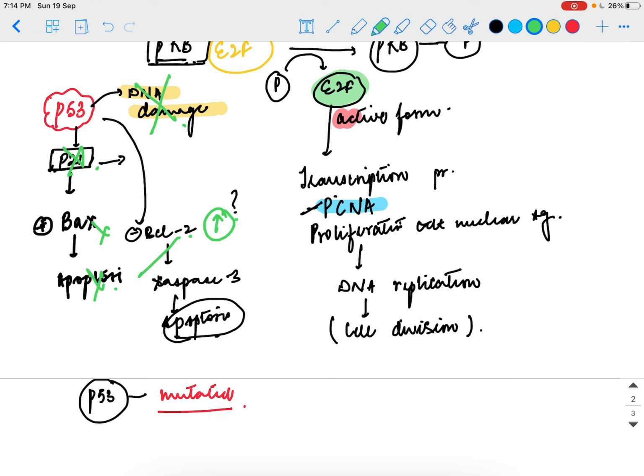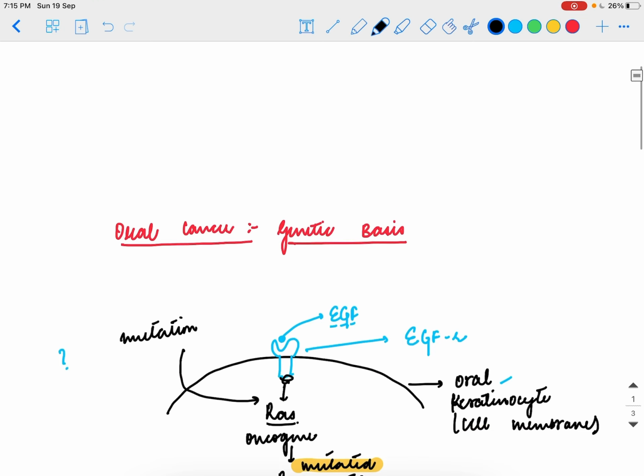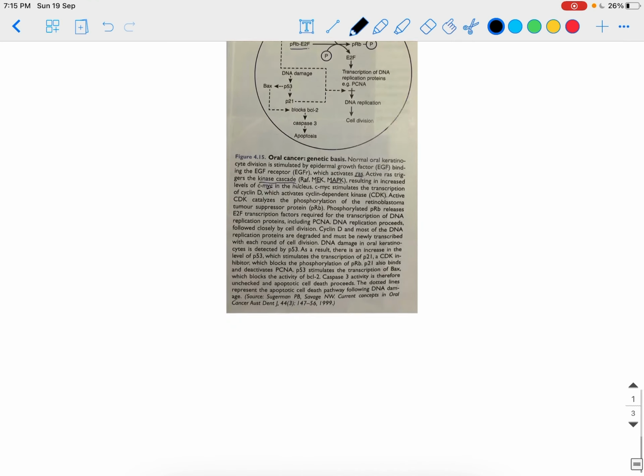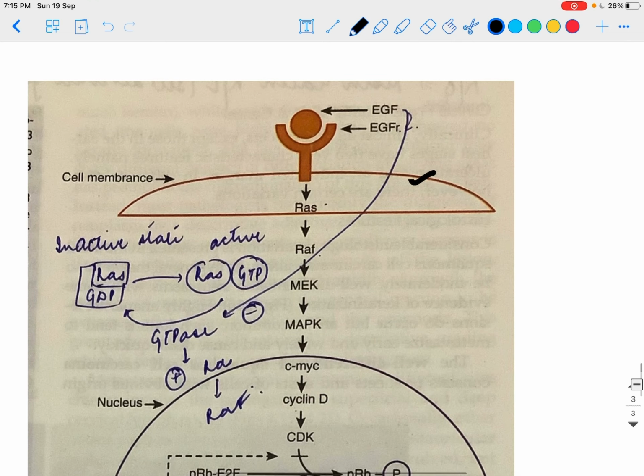So apoptosis of the mutated cell will not occur and there occurs an excessive proliferation of oral keratinocytes leading to oral cancer. 80% of oral cancers show a mutation in the p53 gene. Loss of the normal p53 gene leads to an increase in cell proliferation even in the absence of epidermal growth factor.